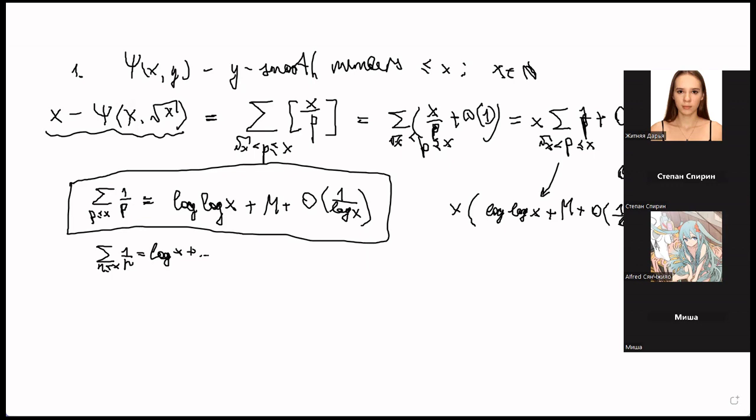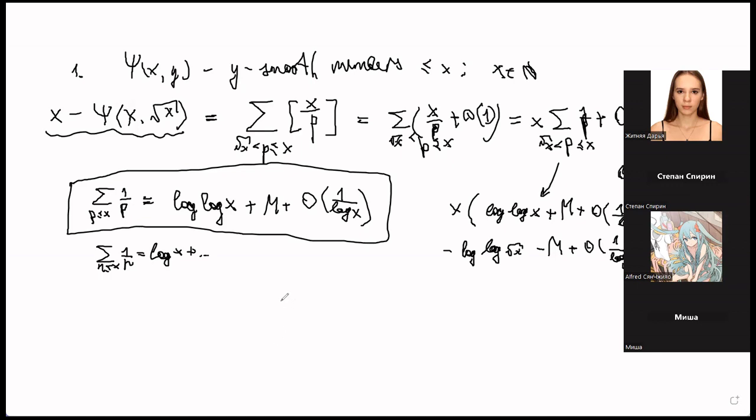We sum 1 over prime up to x, and we should subtract the same sum up to square root of x, and it will be the double logarithm of square root of x minus m, so we can just delete m. Plus O of 1 over logarithm of square root of x, but of course it's O of 1 over log x.